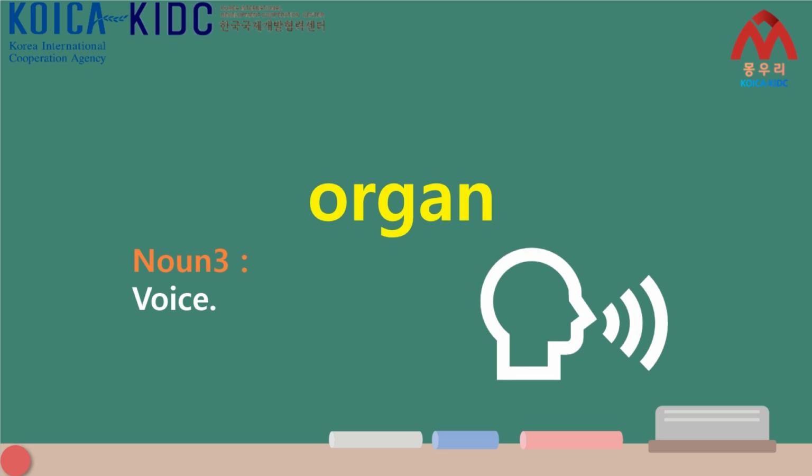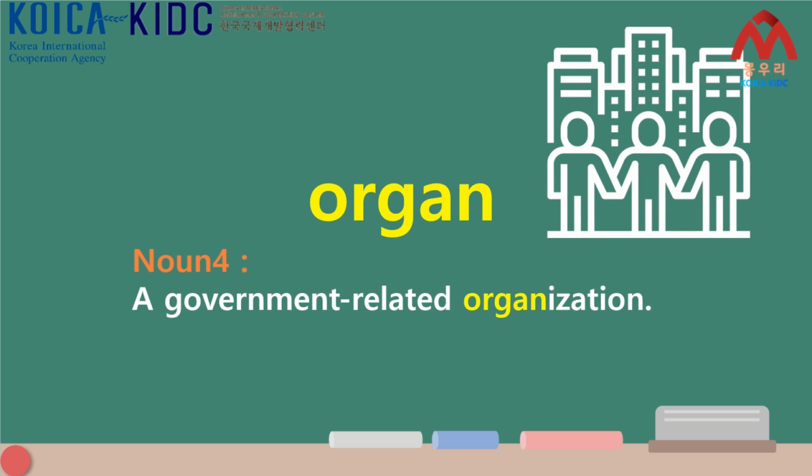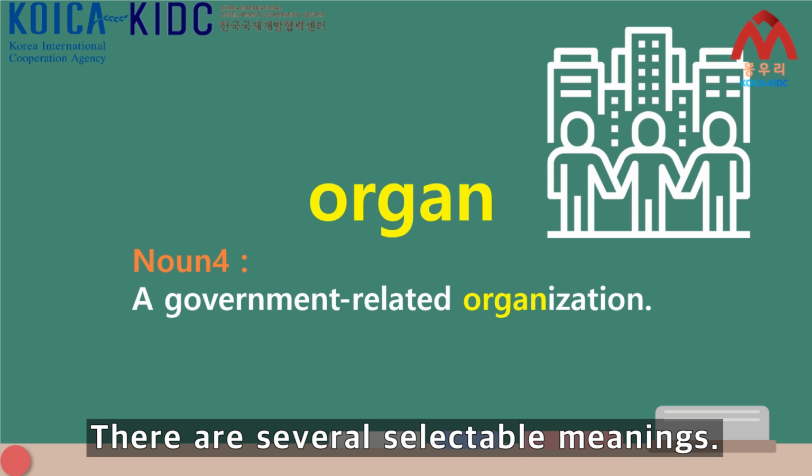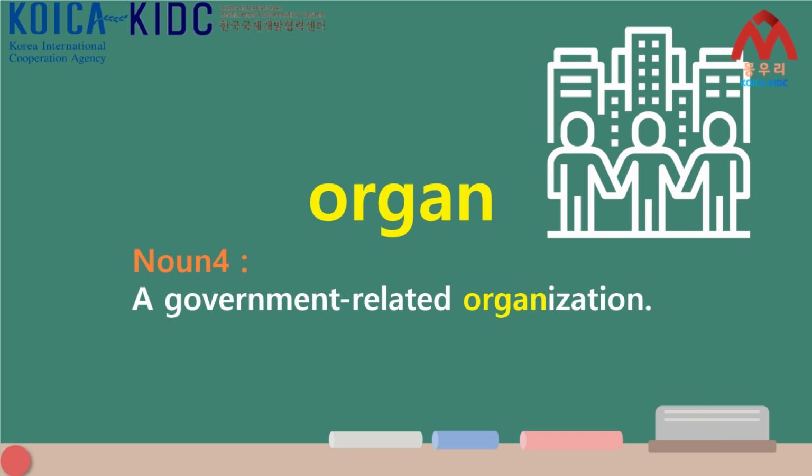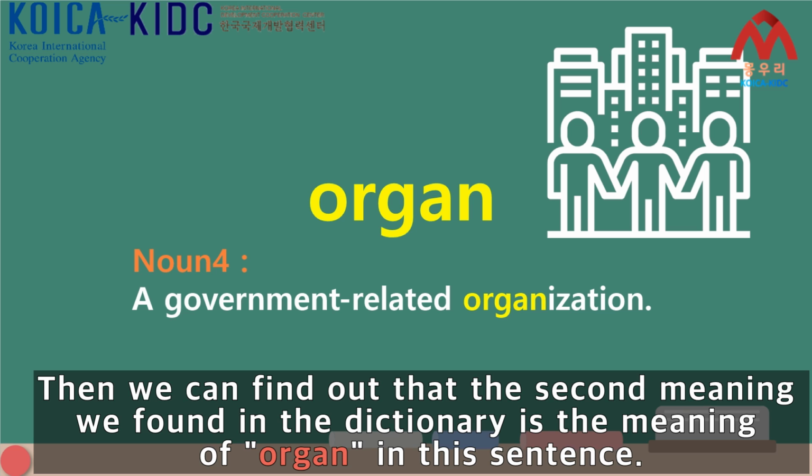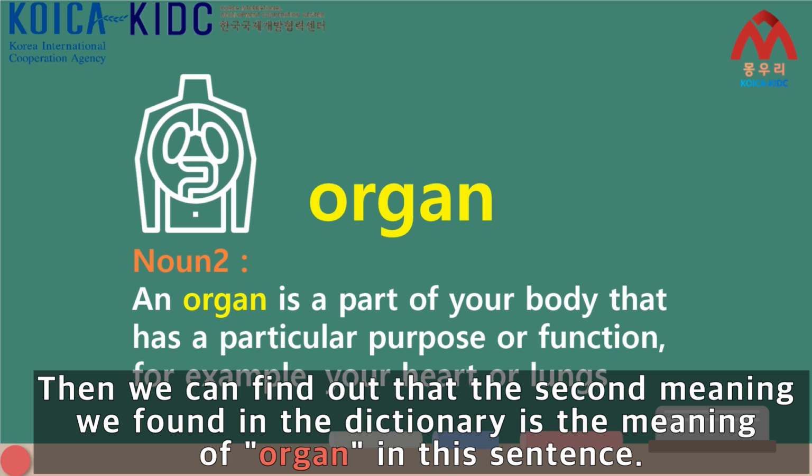Voice. A government-related organization. There are several selectable meanings. Then we can find out that the second meaning we found in the dictionary is the meaning of organ in this sentence.